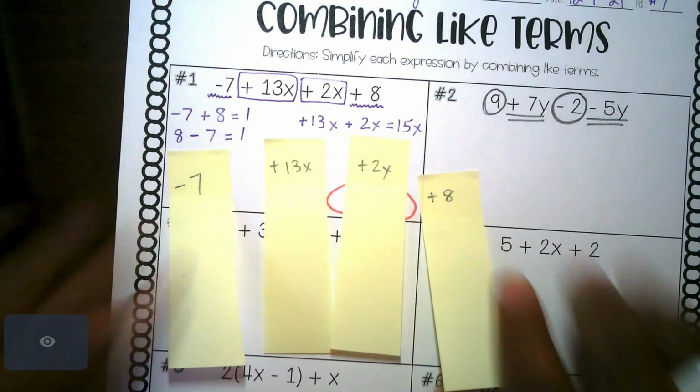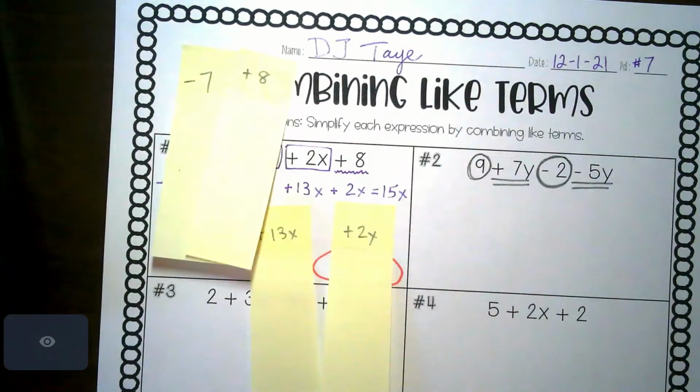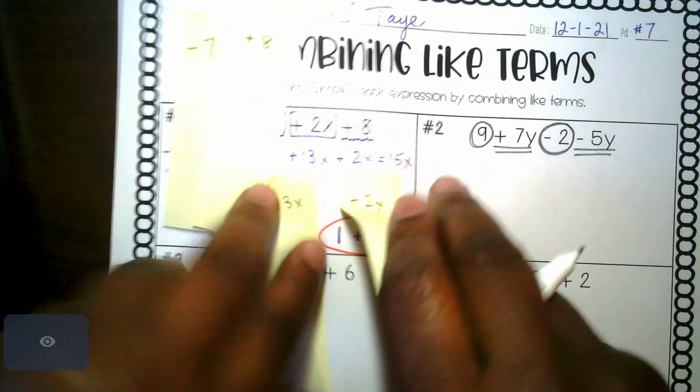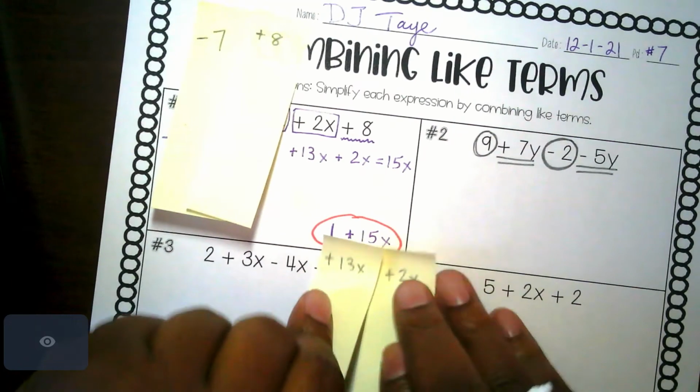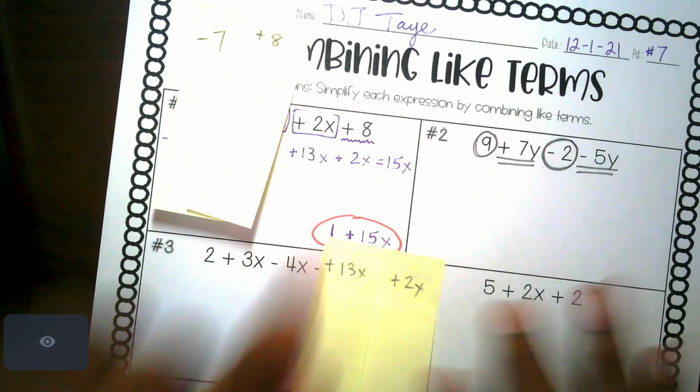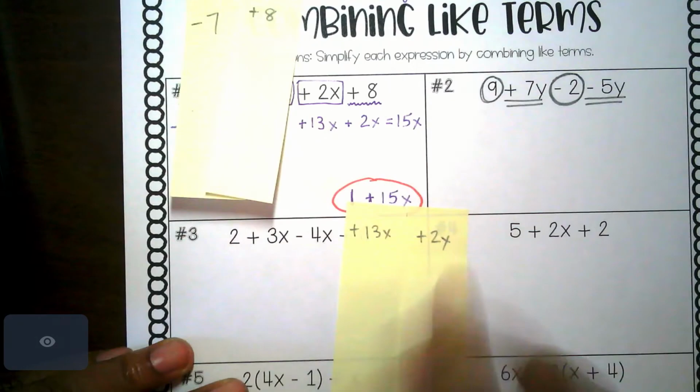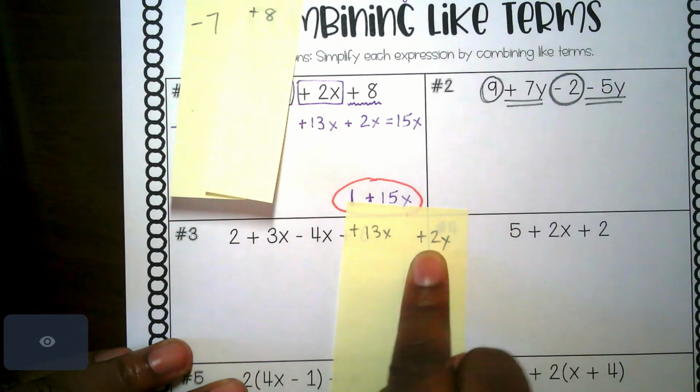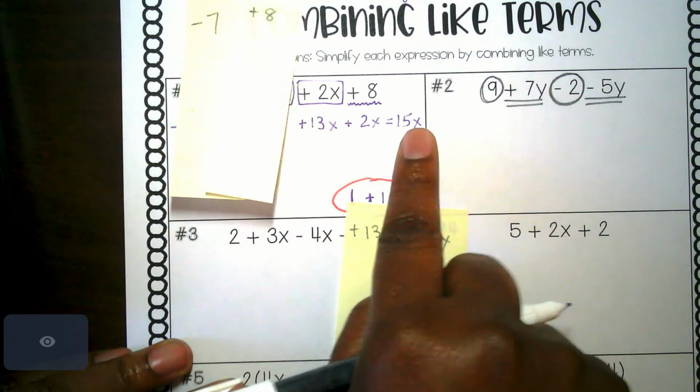All right, so I know that these two terms are like terms, so I'm going to put those next to each other. And I know that these two terms are like terms, so I'm putting these two next to each other. So this one is simple, 13x plus 2x. That's how I got to my 15x.